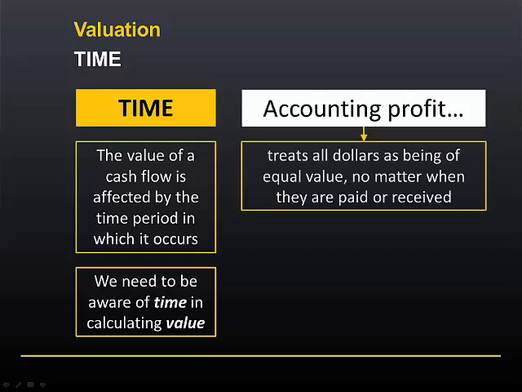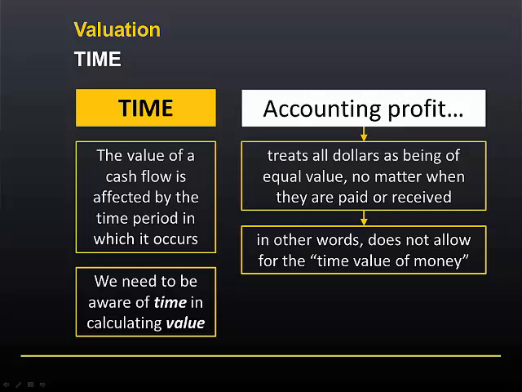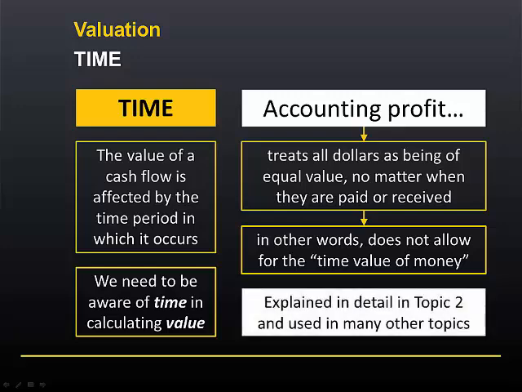The calculation of profit treats all dollars as being of equal value no matter when they are received. In other words, accounting profit does not make allowance for the time value of money. We will deal with this concept in much more detail in the next topic, but we will continue to refer to it throughout the rest of the subject.